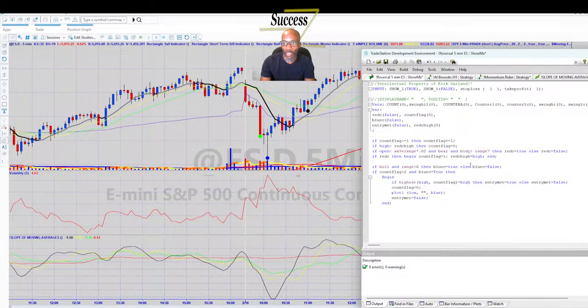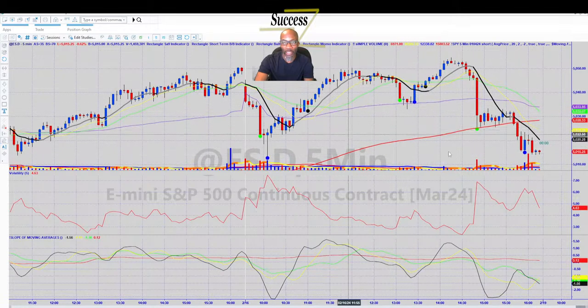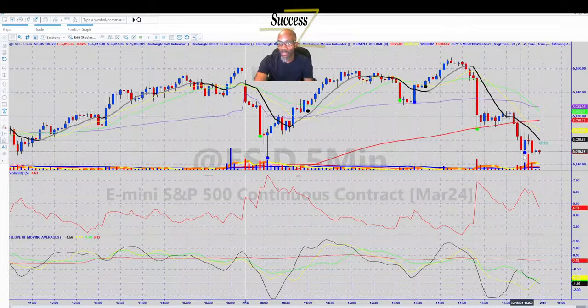We'll say range 7 times 1.5, 1.5 times the average number of bars. Okay, good. So we got this one back. All right, we got this one. We did not get this to fire. It shouldn't fire. We still got this one. We should not get this one based on this criteria.